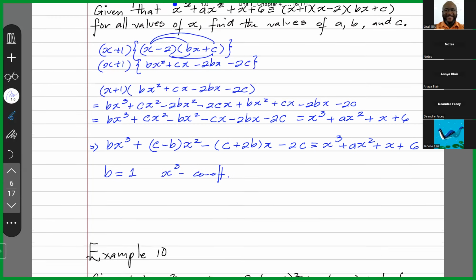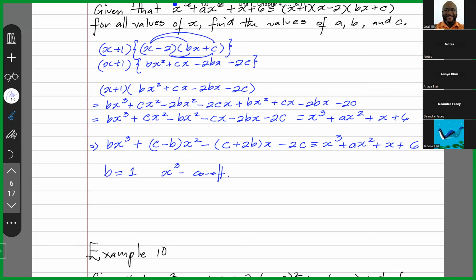The x cubed coefficient on the left, b, is equal to the x cubed coefficient on the right, 1. c, the constant term on the left is minus 2c, and this is equal to the constant term on the right, which is 6. Divide both sides by minus 2, and we get c is equal to minus 3. And this here is from comparing the constant terms.